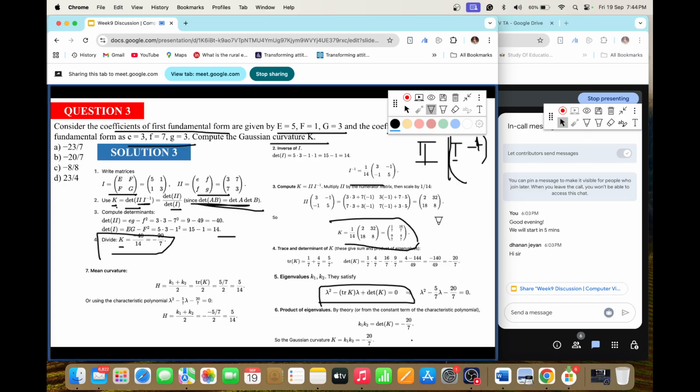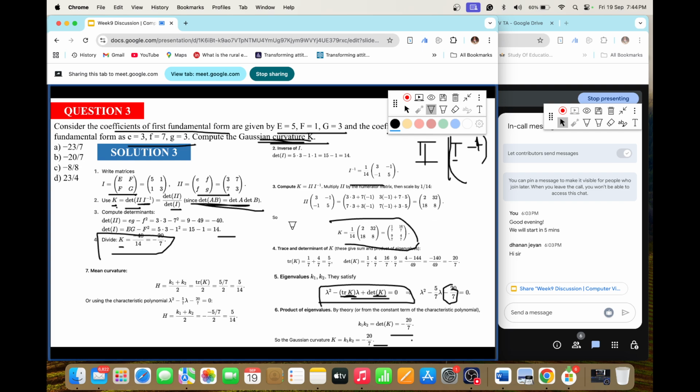Mod of A minus lambda I equals 0 will give you the eigenvalues. When you form this equation, this part will be the trace and this part will be the determinant, and the determinant will give you the Gaussian curvature. So by this also you can see minus 20/7 is coming, so this is also the Gaussian curvature.